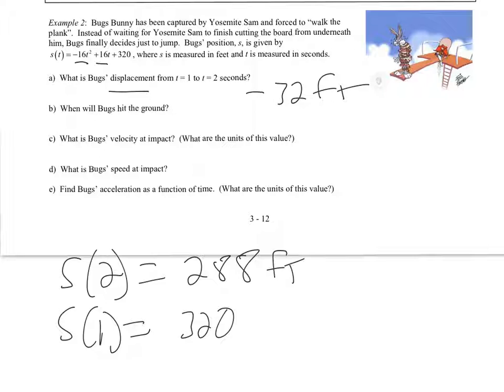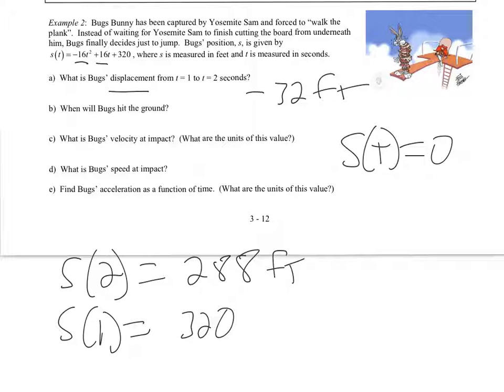So when will Bugs hit the ground? With this one, we're looking where does S of t equal 0. So we could try to factor that. We could use the quadratic formula, quad 83. I'm going to choose to use quad 83. So let me punch that in my calculator.